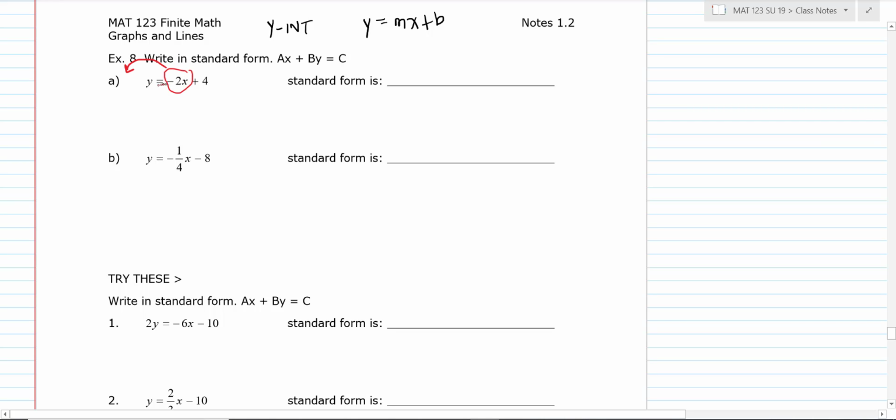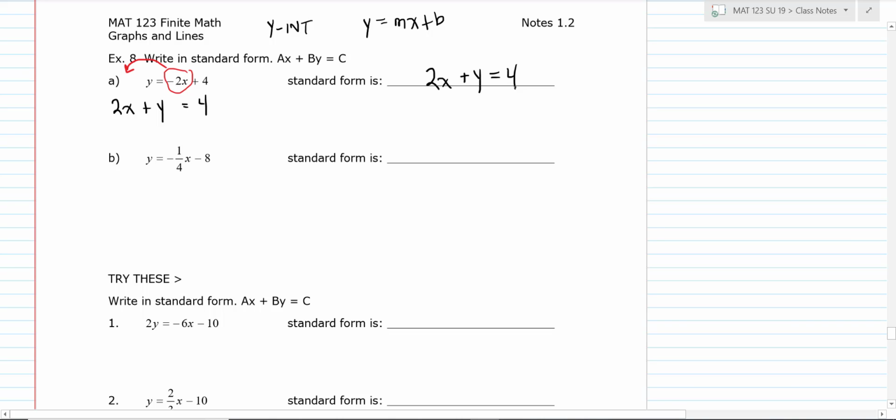The y's already on the left, so I'm just going to move this over, like we've learned, so that we're really adding 2x to both sides. So that becomes positive 2x plus y. We leave the 4 where it is. Okay, so we've got that in standard form now. We have 2x plus y equals 4.